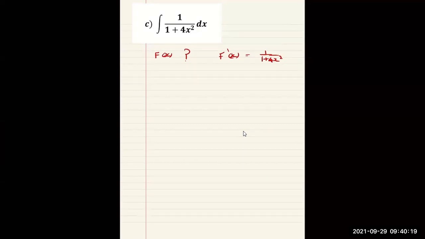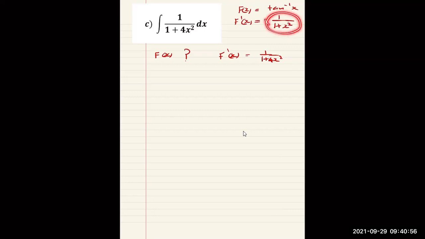First of all, you need to get some clue by looking at this function. What kind of a function should you differentiate to get a function like this? From the derivative formulas that we discussed in calculus 1, we know that if I take uppercase F of x to be tan inverse x, the derivative of that function, F prime of x, would be 1 over 1 plus x squared, right?